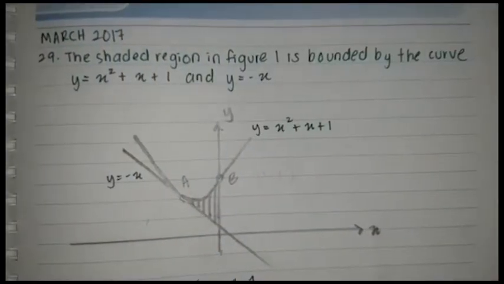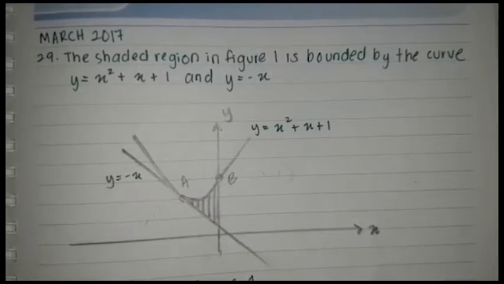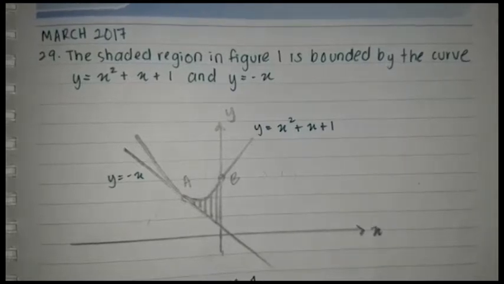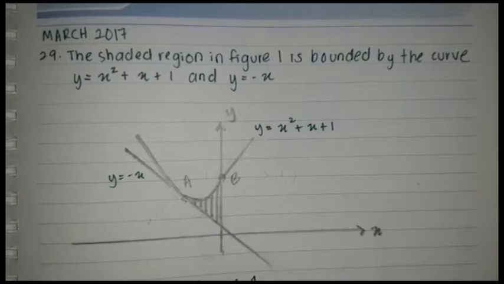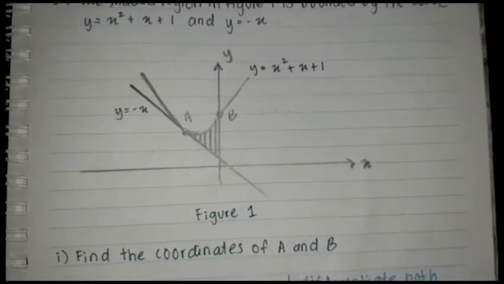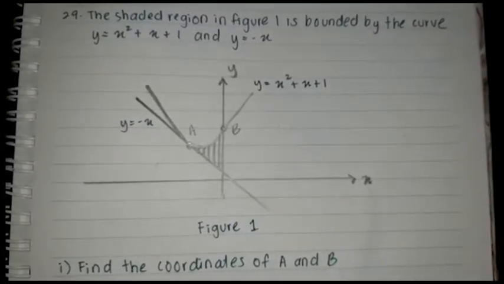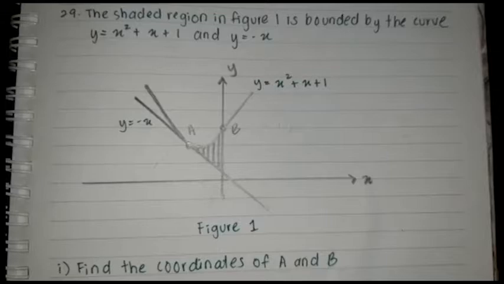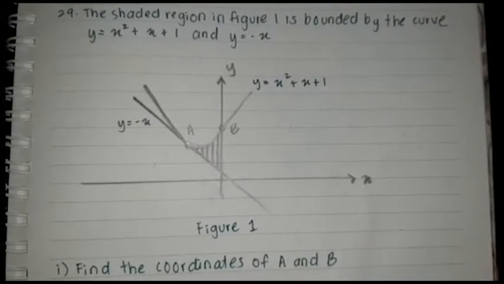March 2017, question 29. The shaded region in figure 1 is bounded by the curve y equal to x squared plus x plus 1 and y equal to negative x. 1 Roman, find the coordinates of A and B. In this question, we are given 2 equations, and we already know that for point B, x is equal to 0 because B is on the y-axis.